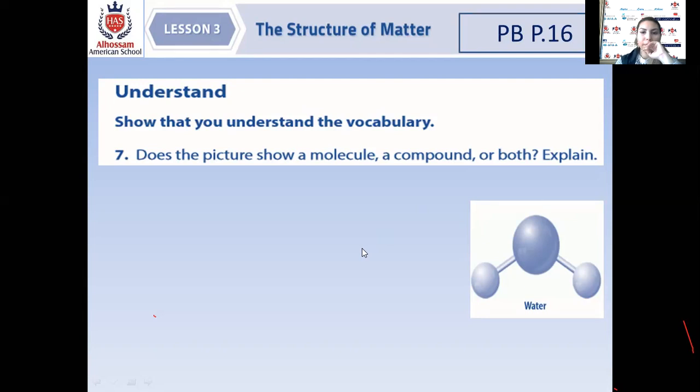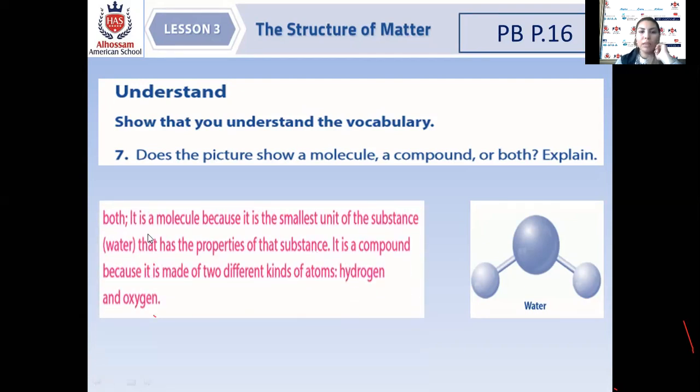Let's see, and write the answer, please. Both, because it's a molecule: the smallest unit of the substance that has the properties of that substance. Just one drop of water has the same properties as the whole water. And it's a compound because it's made of 2 different kinds of atoms, hydrogen and oxygen.